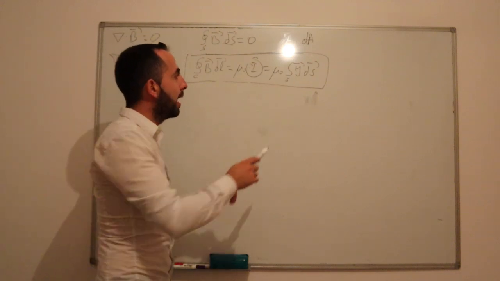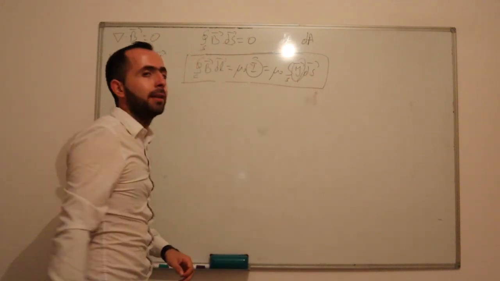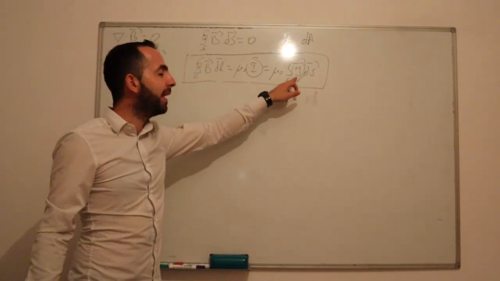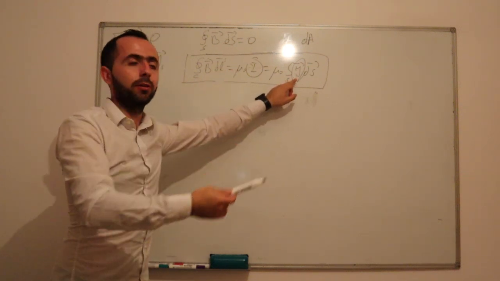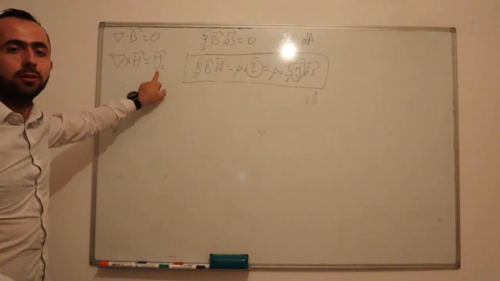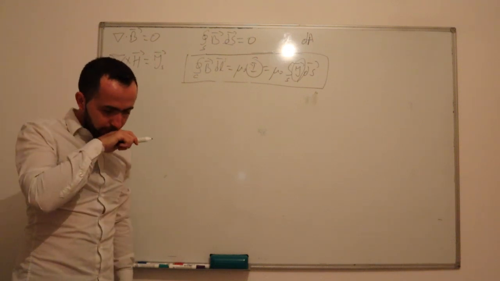Or it is better to use this notation, because we see here that this right side is a vector. This is a vector, not the current.